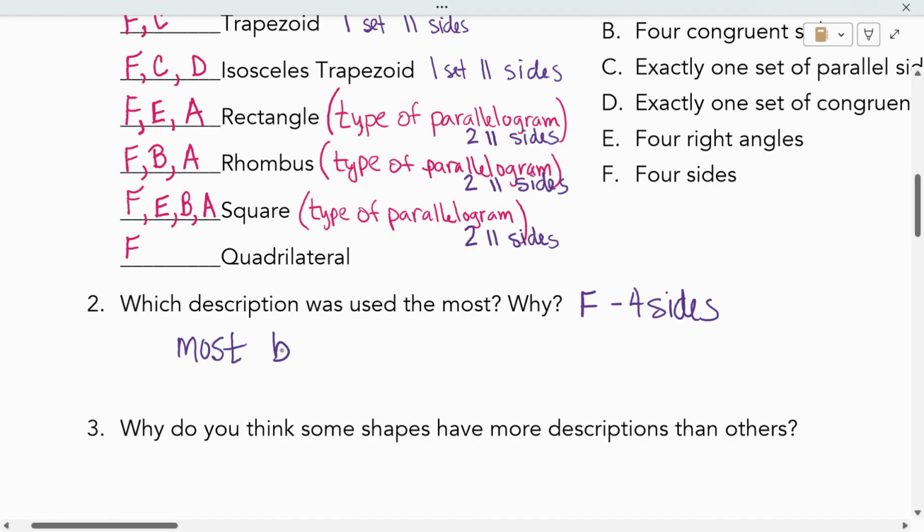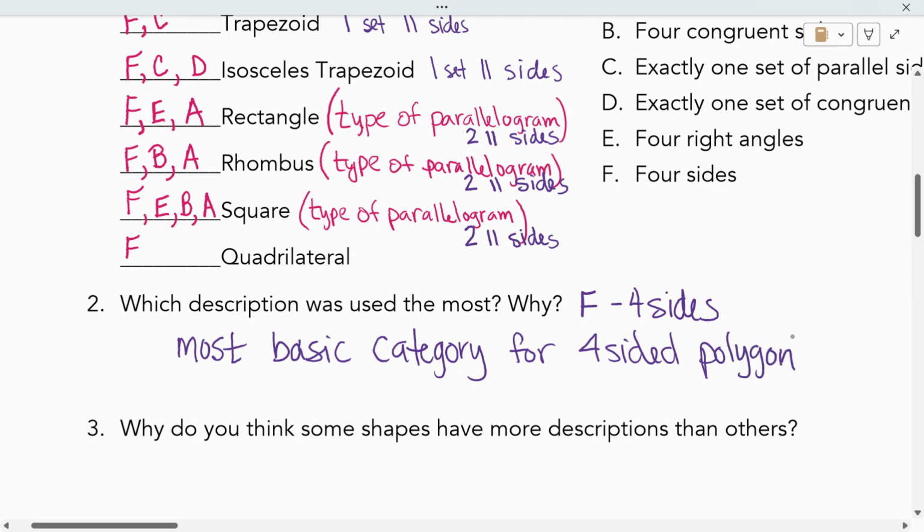Yeah, it's the most basic category for a 4-sided polygon. It's just a quadrilateral. That's what we call a polygon with 4 sides. Nothing special about it.